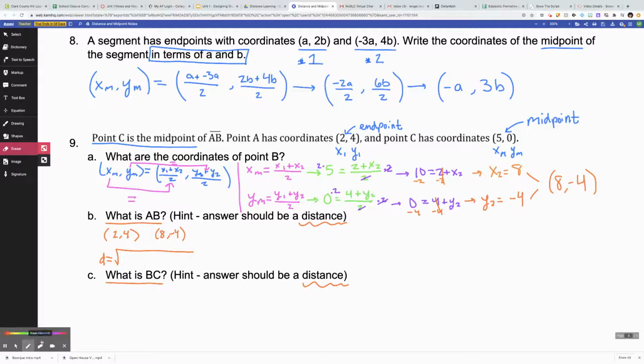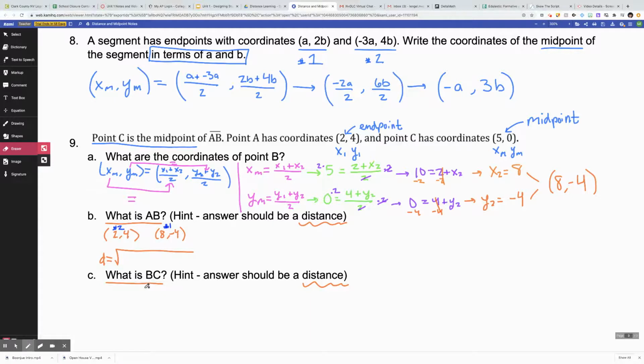So just for my own ease, I'm going to call this one point number 2, because those are the ones that I usually plug in first, right? Because it's x2 and y2 minus x1, y1. So I'm going to call this point number 2 and point number 1. But again, you can do it the opposite way. Call this first one 1 and this one 2. It does not actually matter.